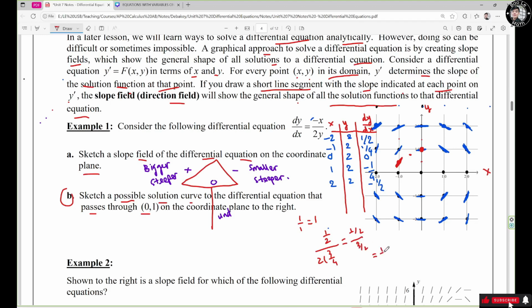So it's going to be 1/3, right? Now 1/3 is less than 1, so it could be less steep, so it could be something like this, right? So if you keep doing like that, you will have a possible solution curve to the differential equation, something like this.